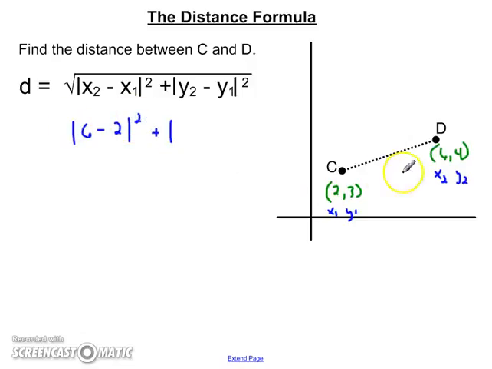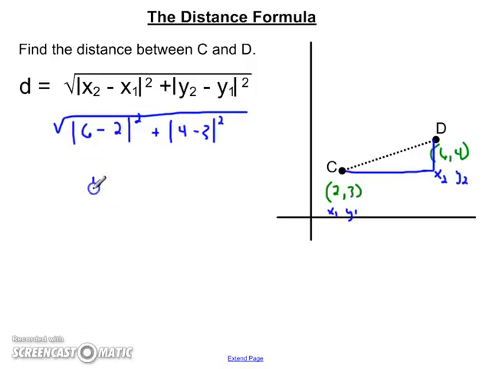My second y value is a 4, my first y value is 3. And absolute value, again, this right here would be my leg. That is calculating how long this leg is, horizontally. The y2 minus y1 would be calculating my second leg. And then in the end, we would be taking the square root of the whole thing to get the length of my hypotenuse. So let's go ahead and just finish the math.